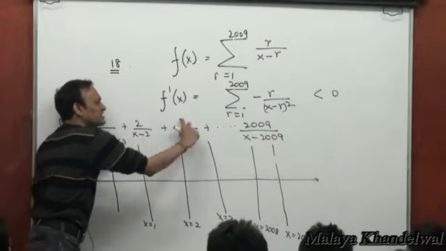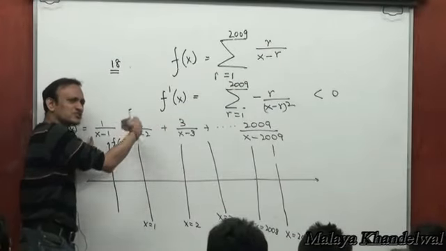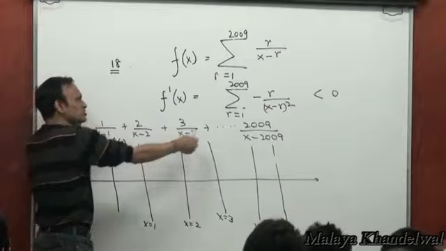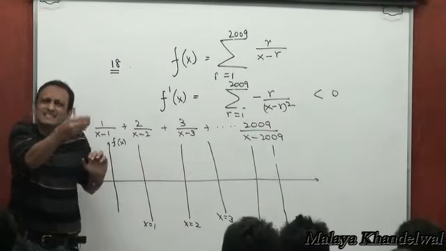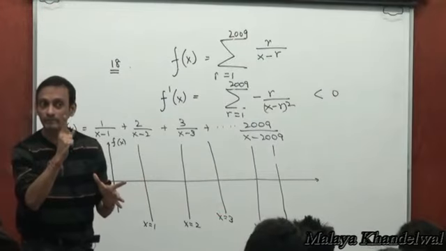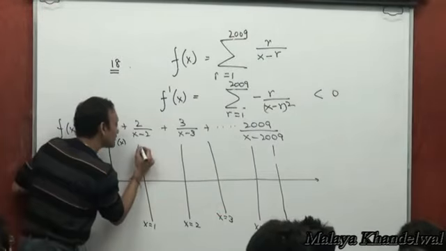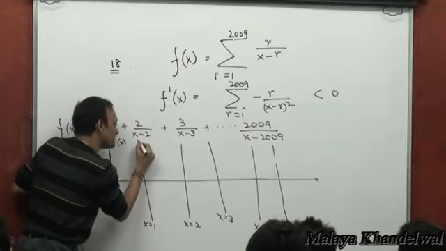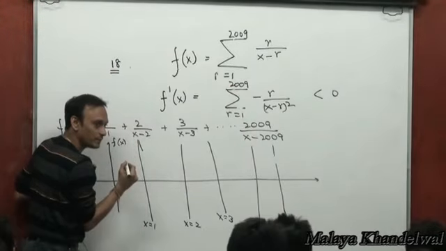And the rest are all finite, positive or negative. So that means this whole thing, when x is just slightly greater than 1, tends to plus infinity. Is that okay? That means when x is slightly to the right of 1, it's plus infinity, right?